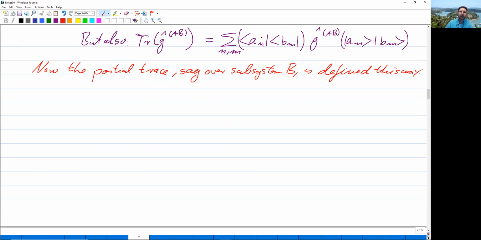It's simply when you calculate the trace this way, except that you drop the sum for the A basis there. You don't do that one.